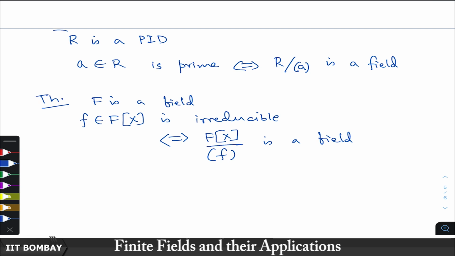This directly follows from this result which we discussed before, because F[x] is a PID, we have seen it. So, f is irreducible means that it is a prime element in the ring F[x], because the definition of irreducible means that it has no non-trivial factor.